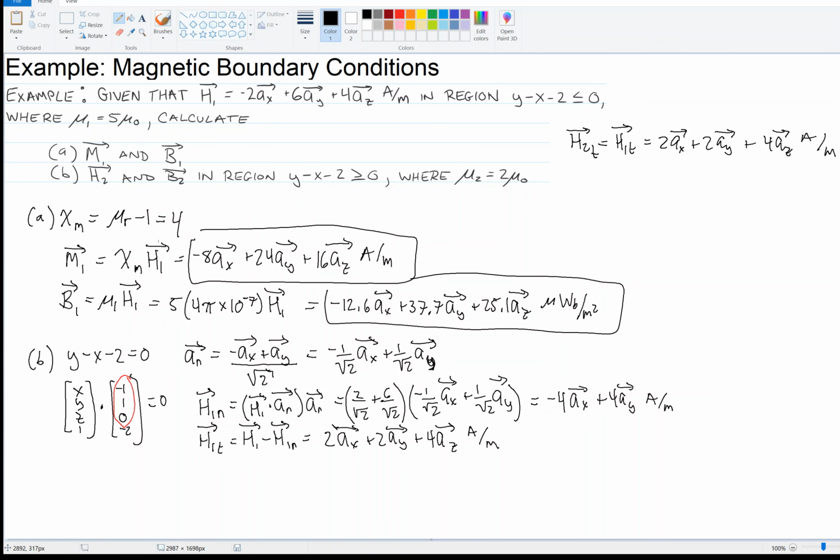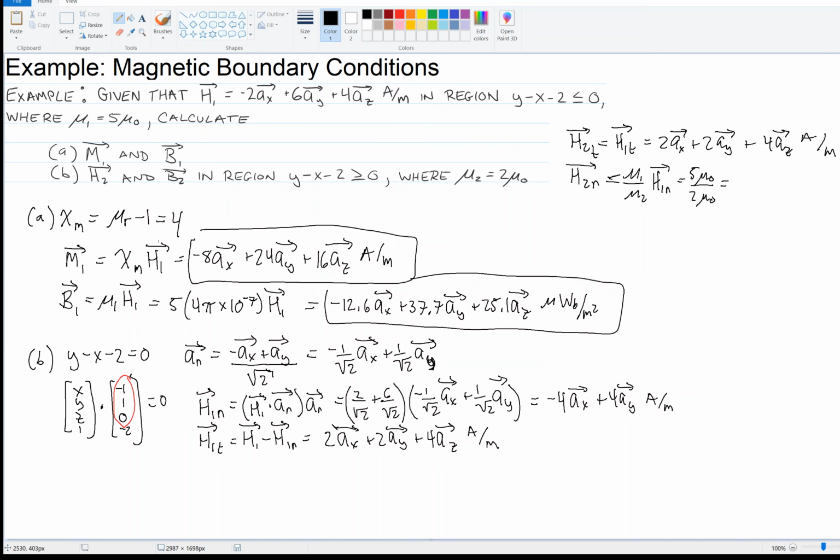And then the normal component. What happens to the normal component? Well, as we showed, we have to bring in the permeabilities there, because the normal component is discontinuous, we say. So there is a change that happens there. So we bring in mu1. Mu1 is 5 mu0, right? And then mu2 is given in the problem. That's 2 mu0. So the ratio is 5 halves.